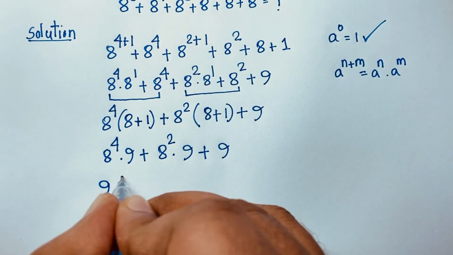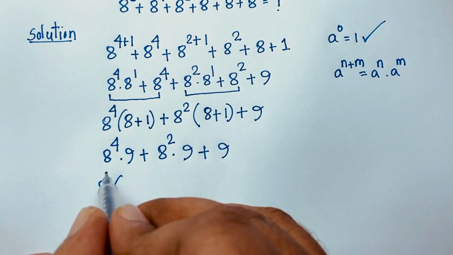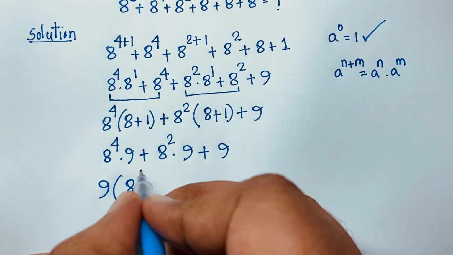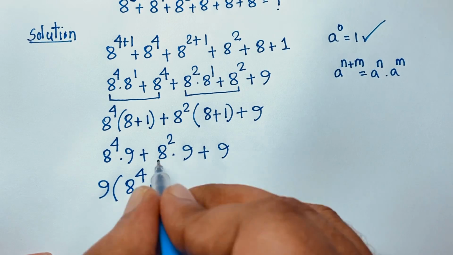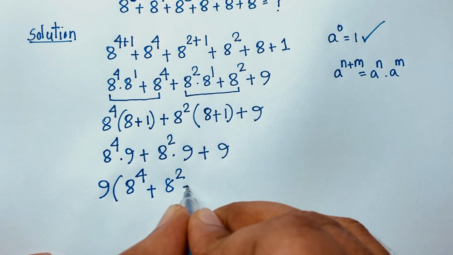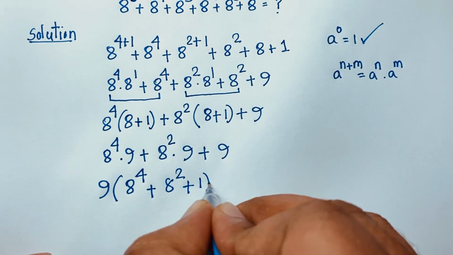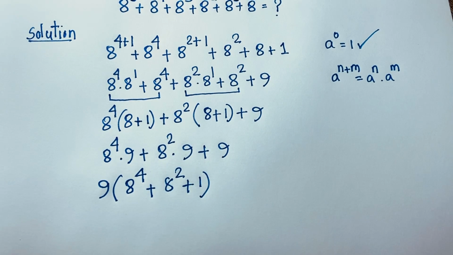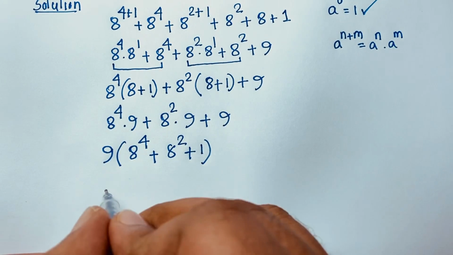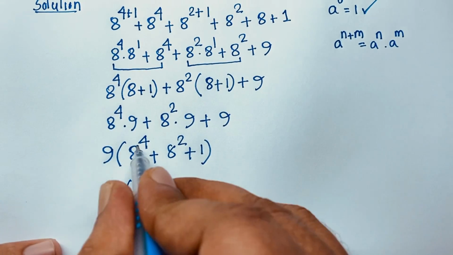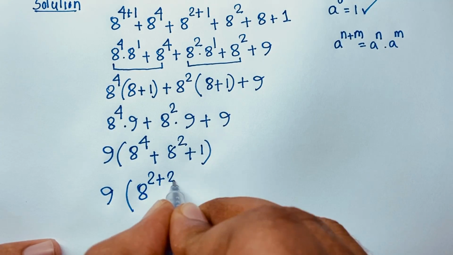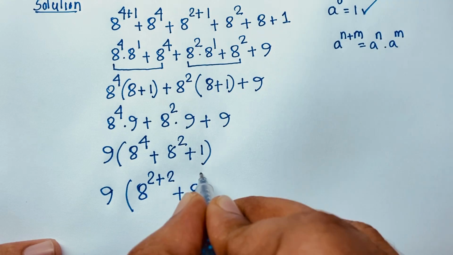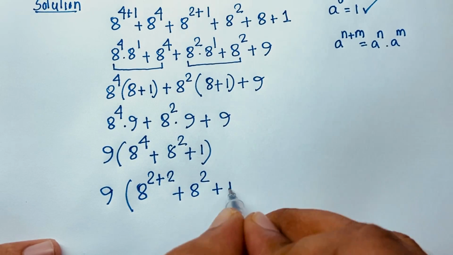So if I take 9 common, this divided by this is 8 to the power 4, and this divided by this is 8 to the power 2, plus this divided by this is 1. Now you can see 9 times 8 to the power 4, which is 8 to the power 2 plus 2, plus 8 to the power 2 plus 1.